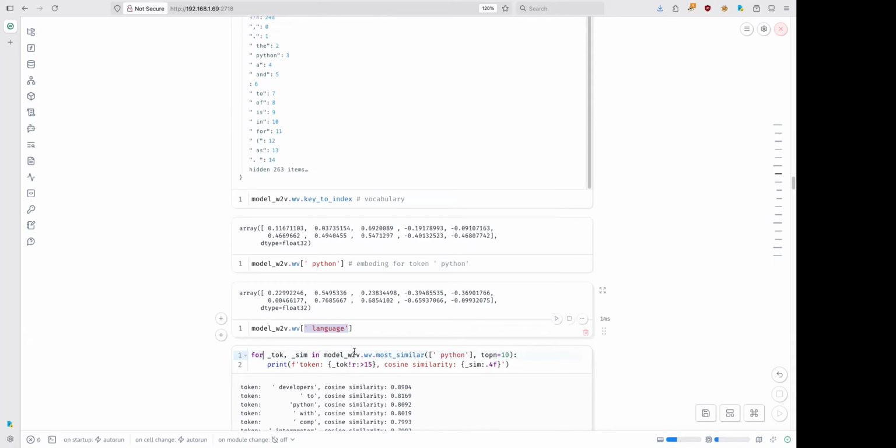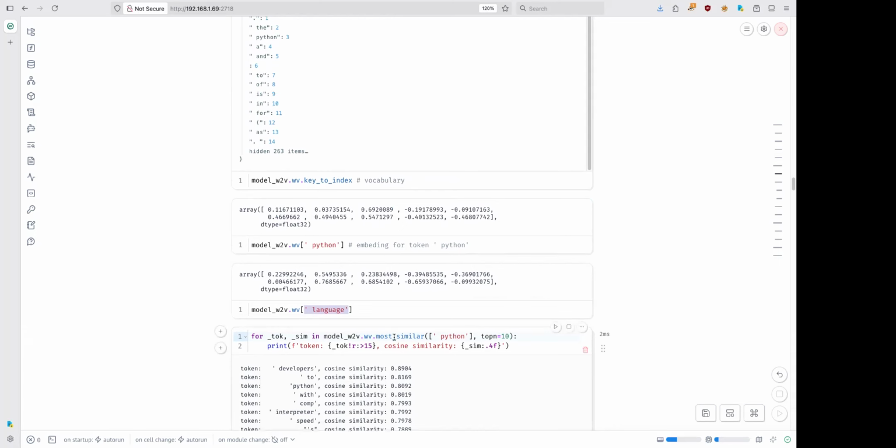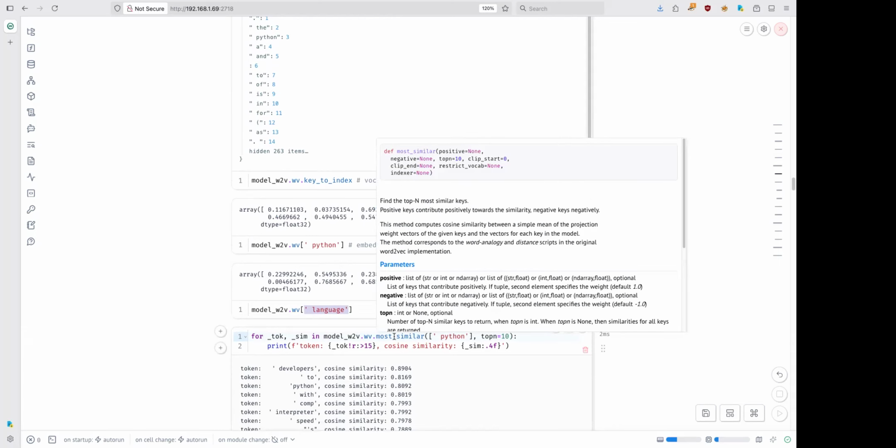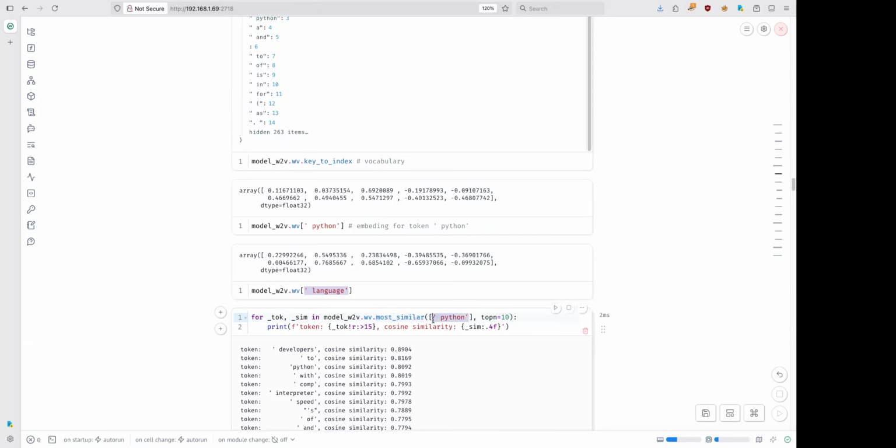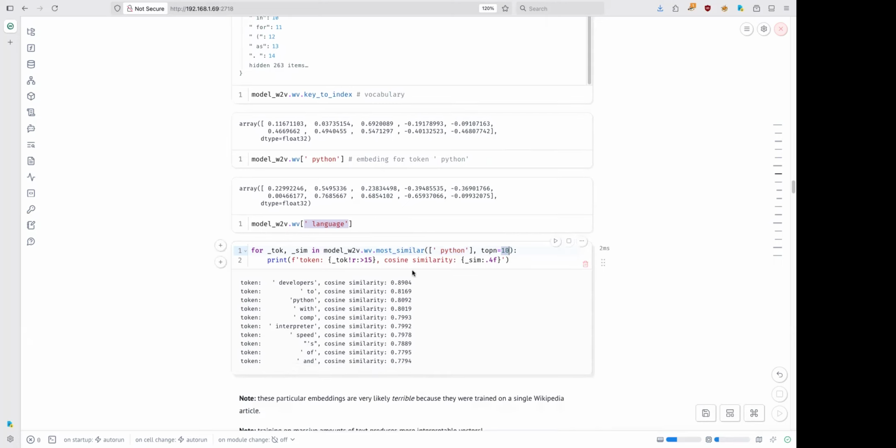We can have a look at what tokens, what embeddings are most similar to the given token. So we call most similar to the token Python, and we would like to get 10 tokens that are most similar to Python. We get this. We see that the token developers is the most similar, with cosine similarity equal to this.